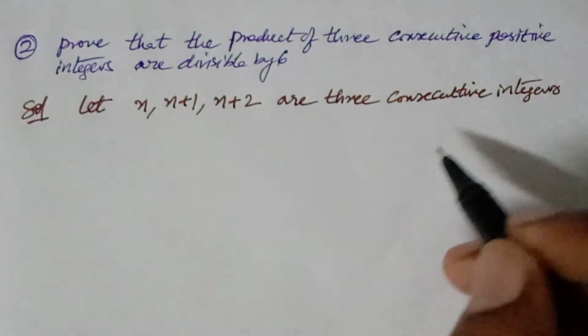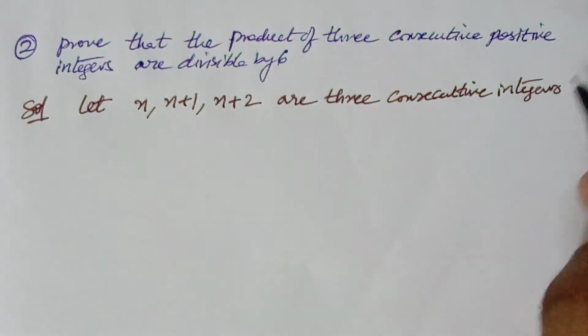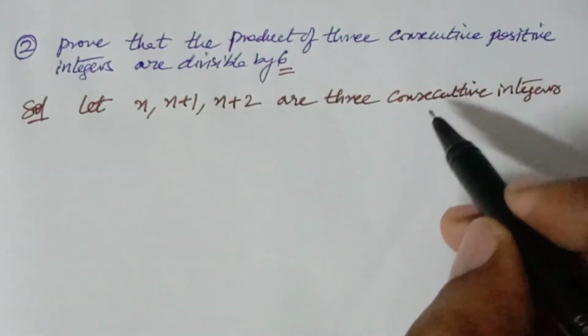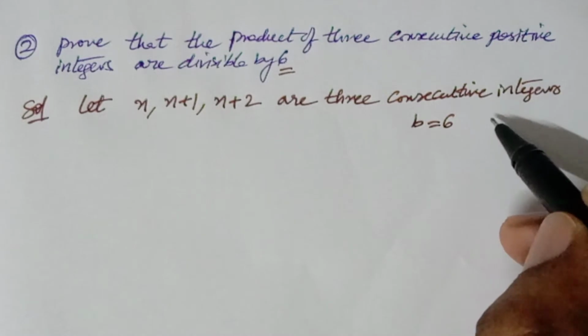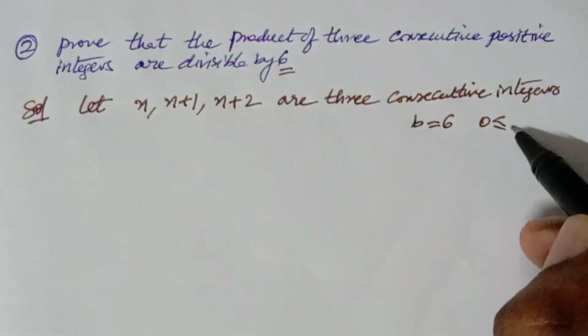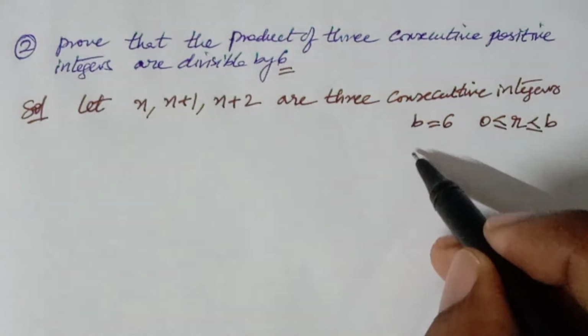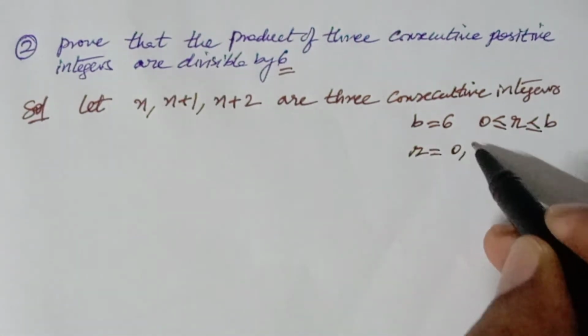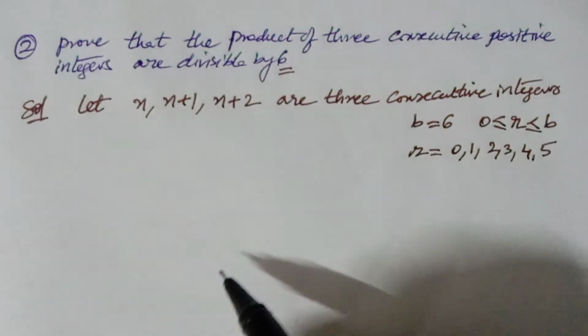Consecutive means the integers which are side by side, like 4, 5, 6. It should be divisible by 6. So in Euclid lemma, our b value is 6, so r value should be between 0 and b. So r value will be 0, 1, 2, 3, 4, 5.